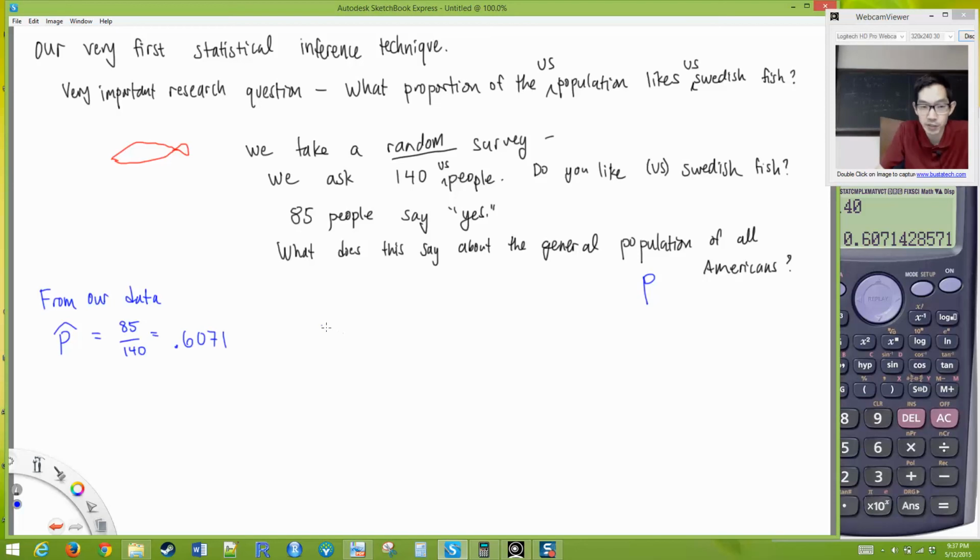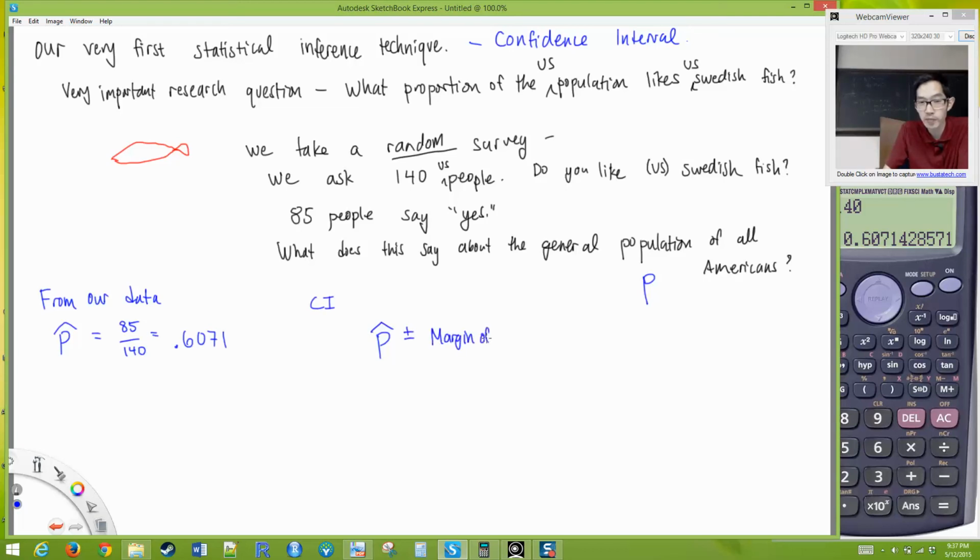Our very first statistical technique is called a confidence interval. You've probably already seen something like this around election time. The confidence interval looks like this: p hat plus or minus what we call a margin of error.